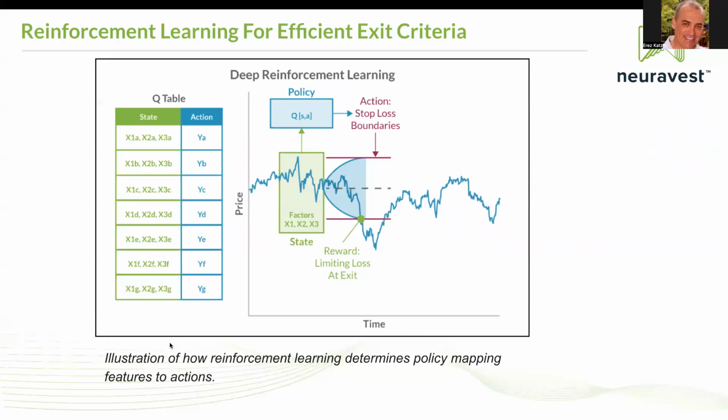Let me get back to Taylor to talk about some of the more advanced reinforcement learning technique for, again, exit criteria analysis. Yeah, so I mentioned before on the labeling slide that I consider labeling to be one of the most critical parts of building a supervised model. And something I didn't mention, but maybe it was a bit implied, is that you have to train like you trade.